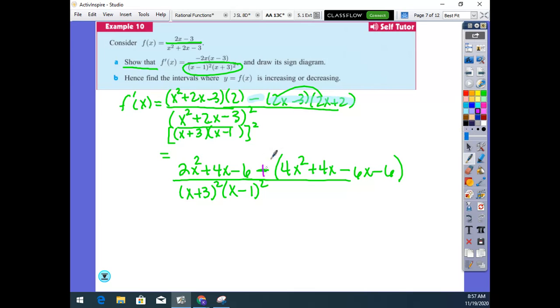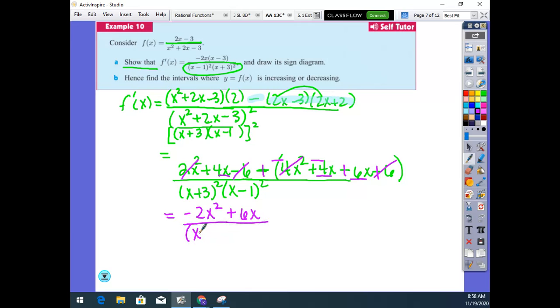And then I need to distribute that negative so I can combine my like terms. So 2x squared, negative 4x squared, negative 2x squared, 4x minus 4x plus 6x, negative 6, positive 6, that's my numerator.